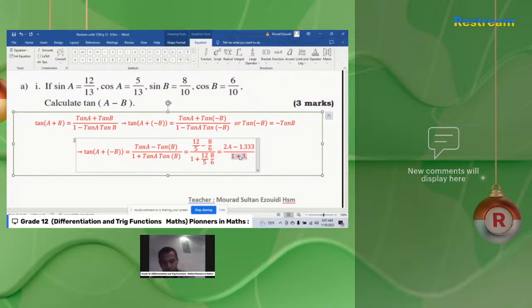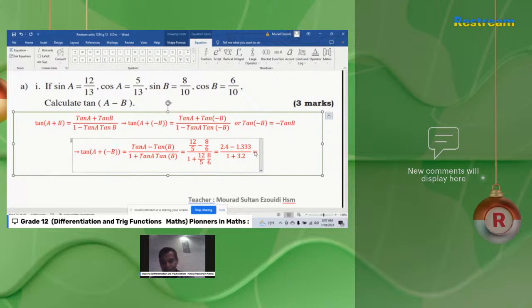Therefore, you will calculate this: 2.4 minus 8 divided by 6, divided by, between parentheses, 1 plus 3.2.